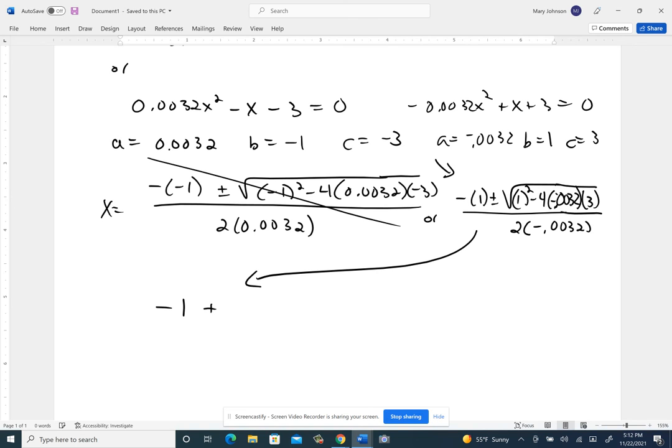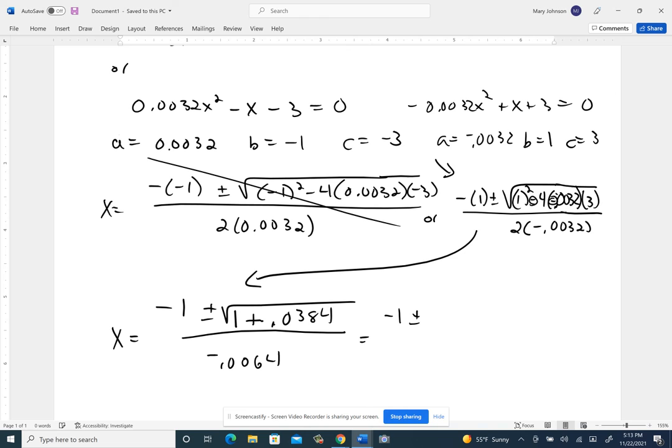So we'd get -1 plus or minus the square root of 1 plus 4 times 0.0032 times 3. This is minus, and so is this, so that's going to be plus. I'm doing it on my calculator. I already know it's positive. So that's plus 0.0384, all of that over 2 times that, which would be -0.0064.